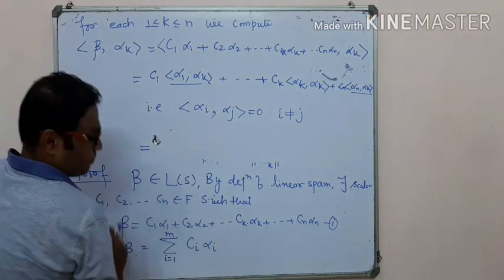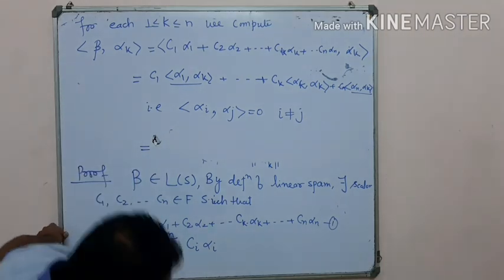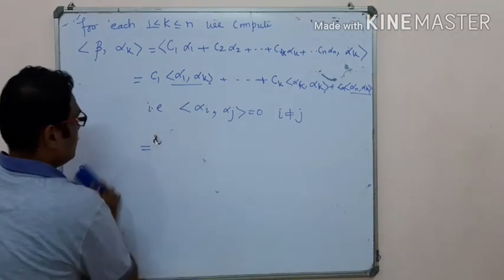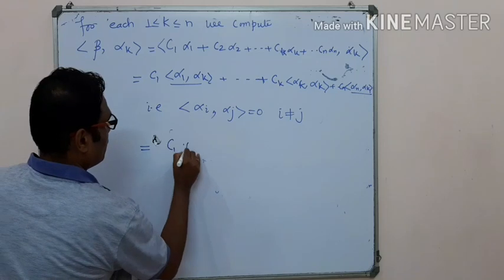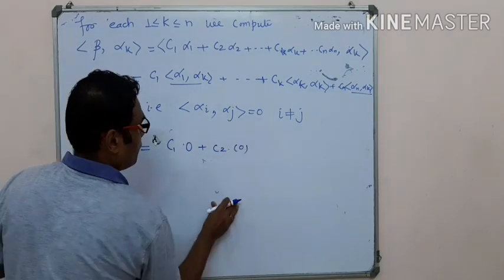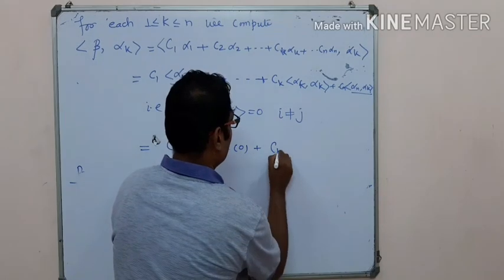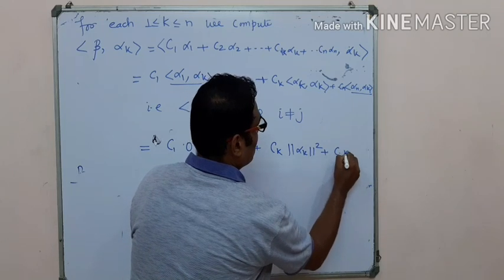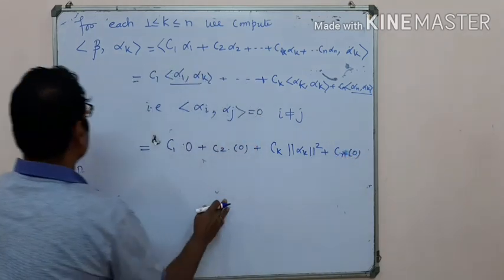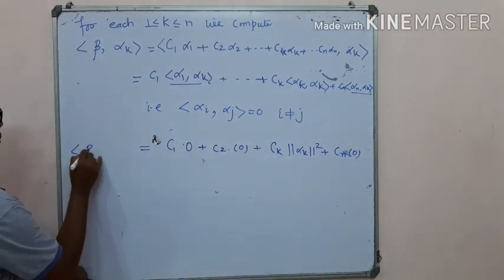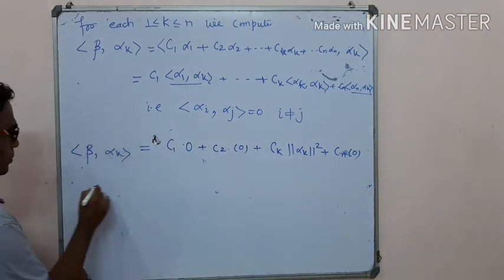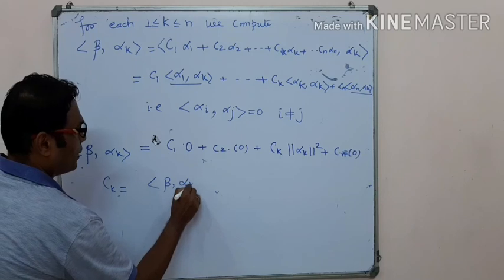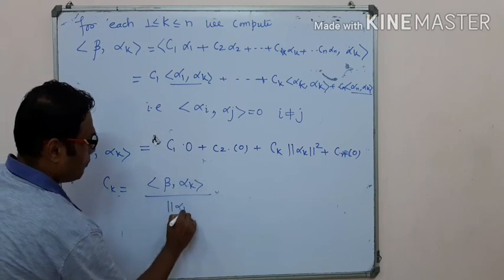So it implies C1 into 0 plus C2 into 0 and Ck norm of alpha k whole square plus Cn into 0, which is equal to the inner product of beta comma alpha k. So Ck becomes the inner product of beta comma alpha k whole divided by norm of alpha k whole square.